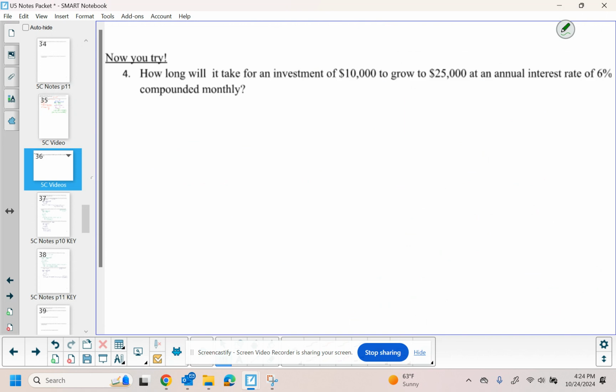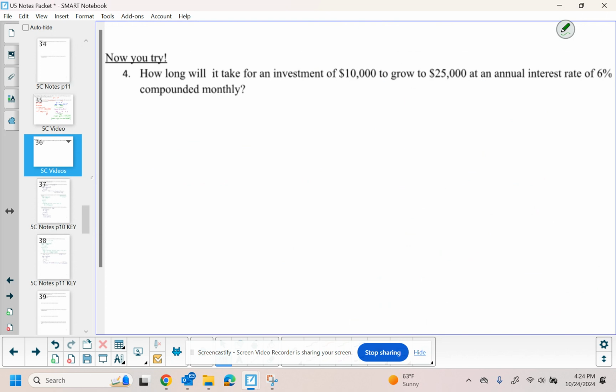Okay, another example is what if it's not happening annually? What if it's compounded monthly? Now how long will it take? All right. I'm starting with $10,000. I'm ending with $25,000.